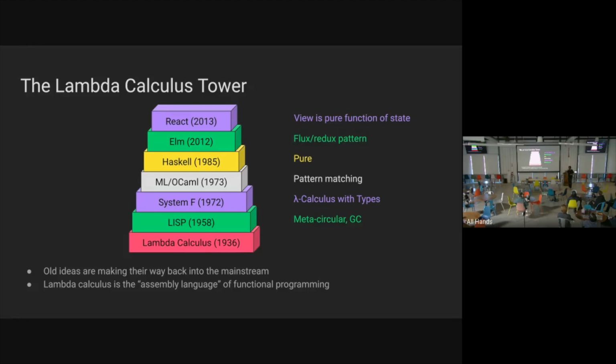And so I think that if more engineers spend time thinking about the history of this, you can understand why React looks the way it does, or why Elm looks the way it does. And rather than trying to apply your Turing machine imperative programming mindset to functional programming, you can build your way up, starting with Lambda Calculus.